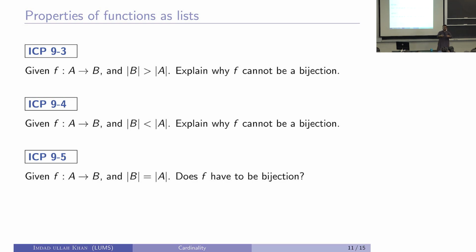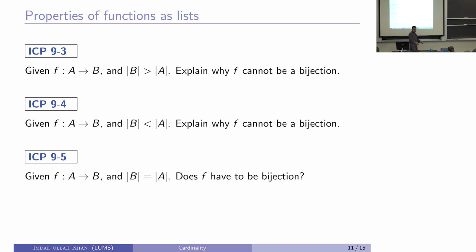So, the function cannot be onto, and if the function is not onto, it cannot be a bijection. The reason you ought to write is that for such b and a, no function can be an onto function. Any mapping that is a function cannot be onto.